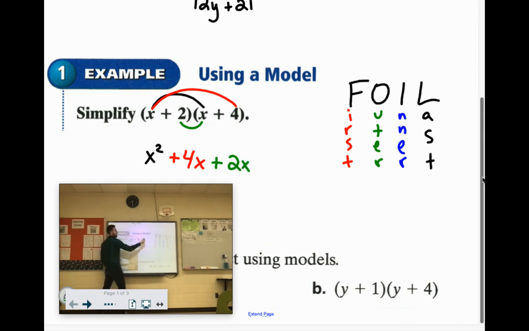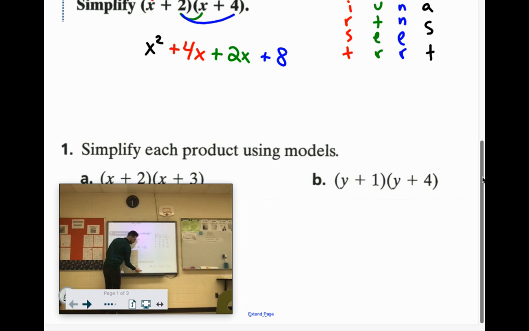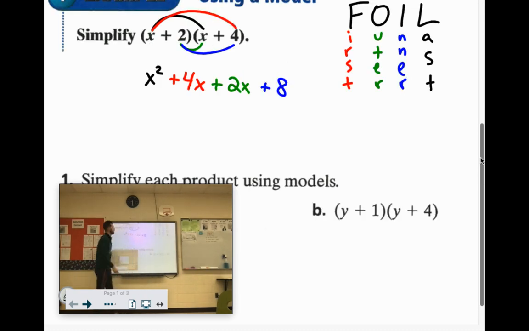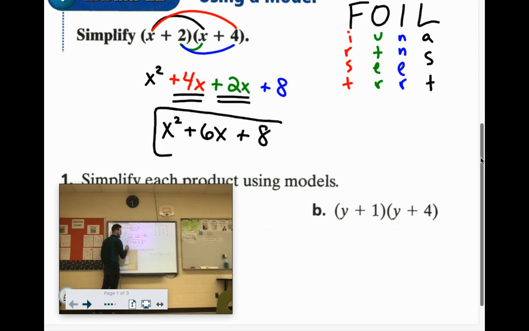And then you do the last number in each set of parentheses, which in this case would be 2 and 4, which would give you 8. You combine the like terms, and then you're done. So usually your like terms, if you do it in that order, would be your middle terms here. So 4x plus 2x is 6x. So we have x squared plus 6x plus 8. That would be our final answer.